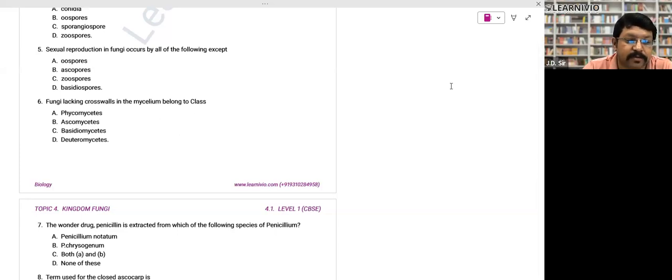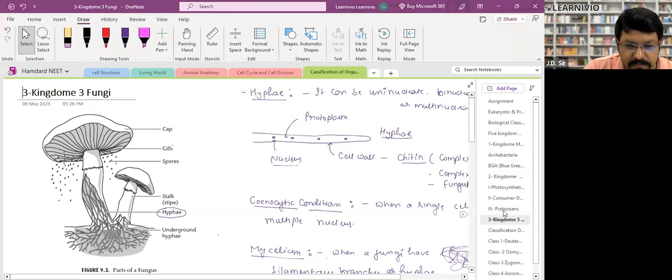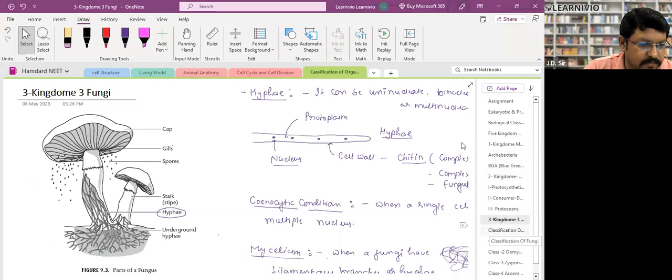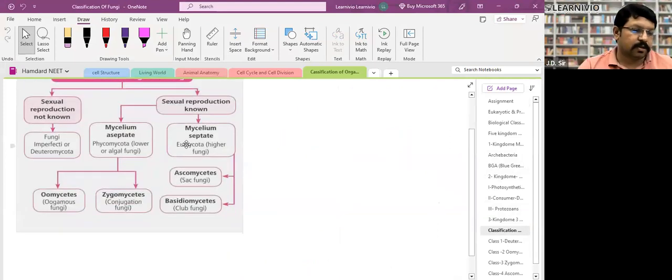Phycomycetes. Just a minute, give me one second. Yes, it's there, under Classification. Look, Phycomycota: the mycelium where they are aseptate, we call them Phycomycota or Phycomycetes.